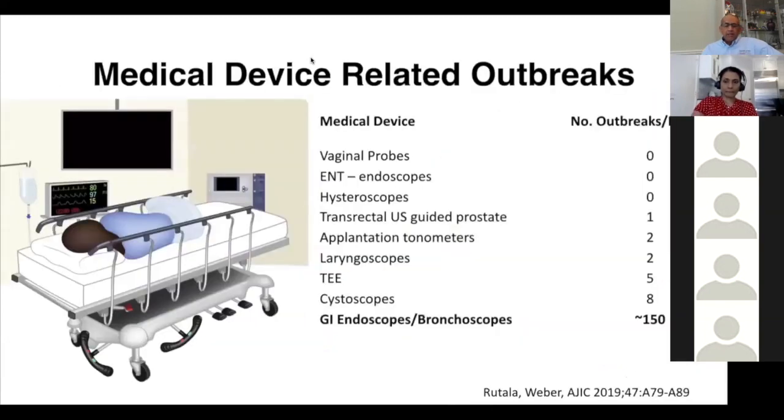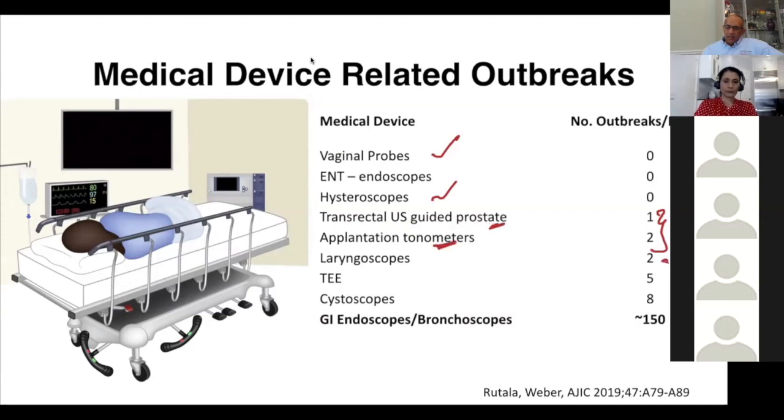So when you look at medical device-related outbreaks, there are a lot of devices that we use in the hospital. And as you can see, there were no outbreaks related to equipment such as vaginal probes, hysteroscopes, etc. There are a few that were related to transrectal ultrasound-guided prostate biopsy devices or tonometers.